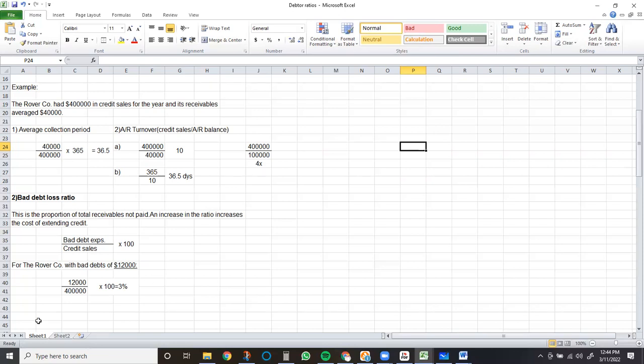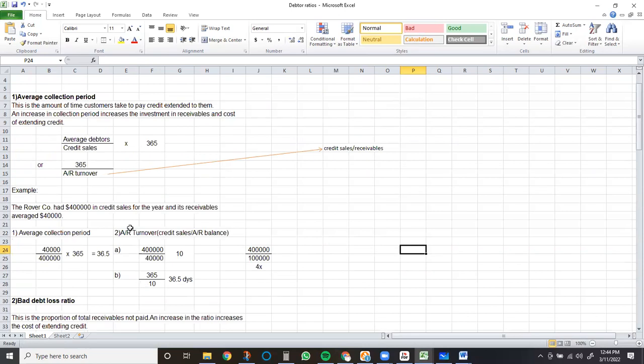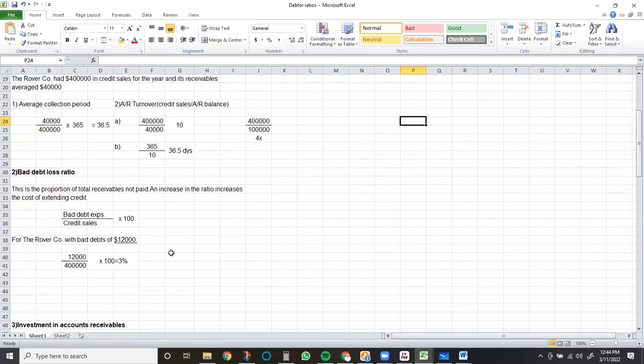Take a look at this. Bad debt expenses, 12. For the Uber company, over credit sales, 400.